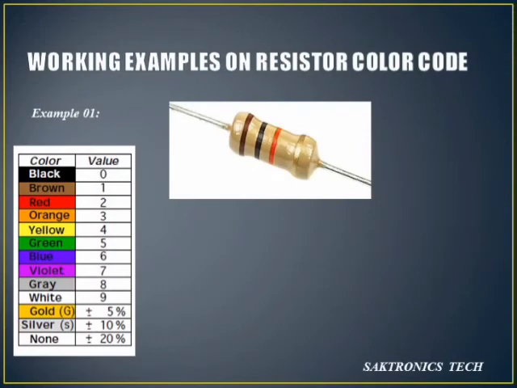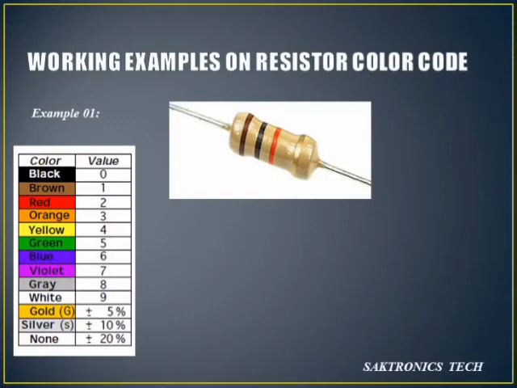So now let's drop an example and see. As you can see here, we have a resistor with the colors brown, black, red, gold. The question here is: where are we going to start writing down the colors of this resistor? Are we going to start from the top or from the bottom?